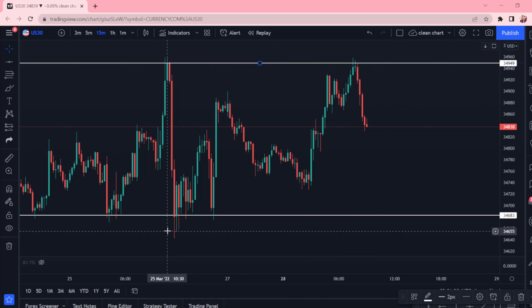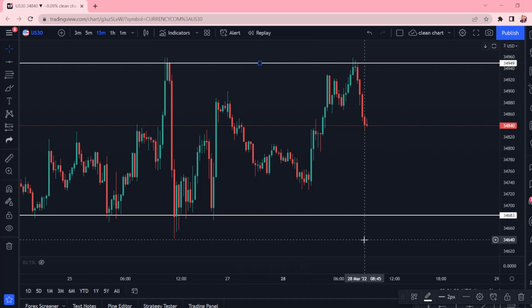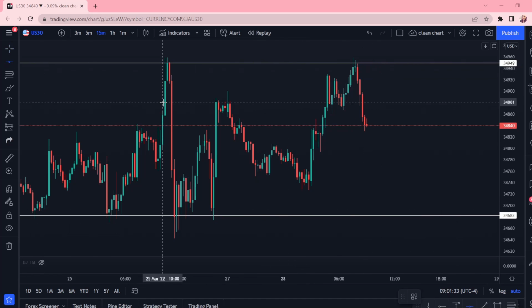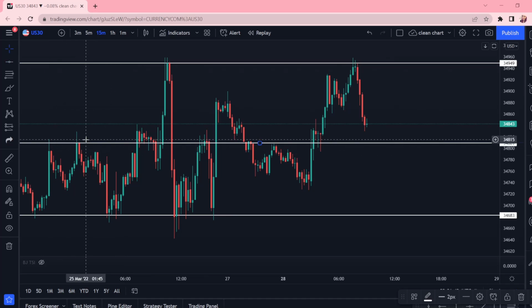So that's my high, which I have up here for my resistance, and my low, which I have for my support. Then I will come in and mark one more zone, which I call either a minor or a mid zone. This would be something in the middle, where you would see the market the most. You're looking more at this area in here.